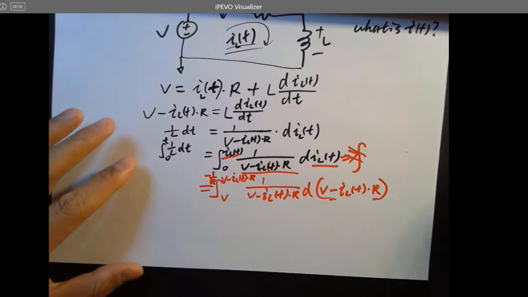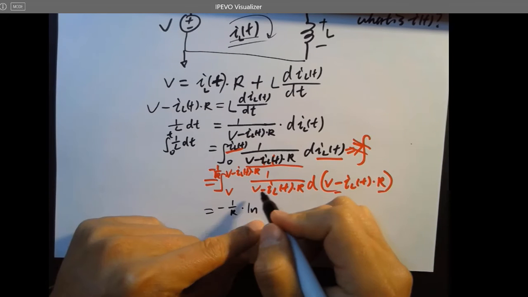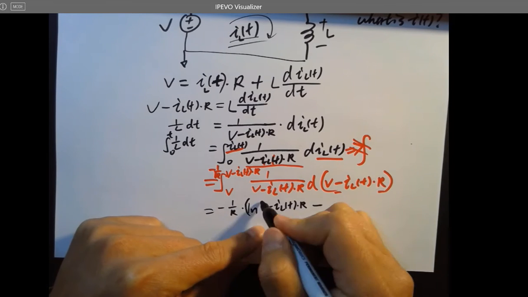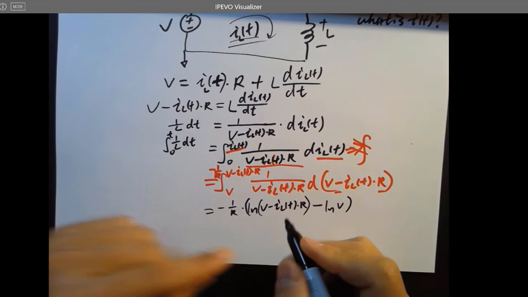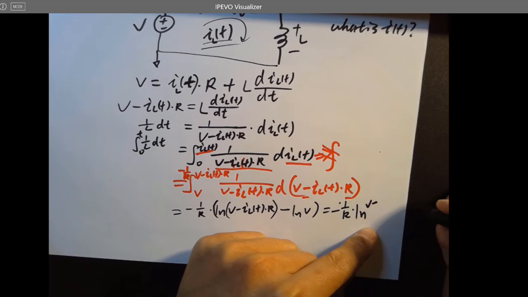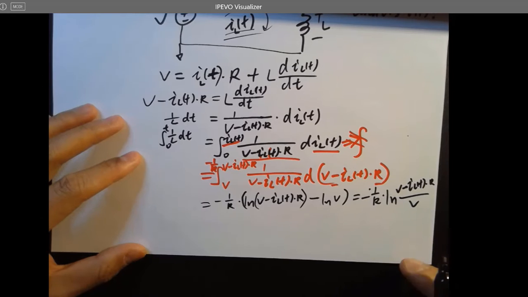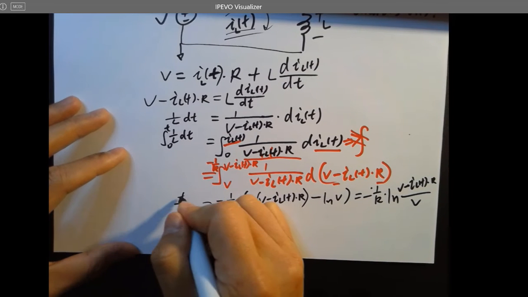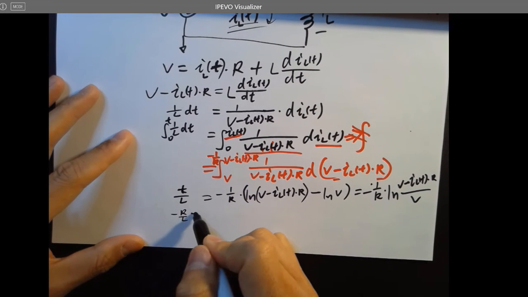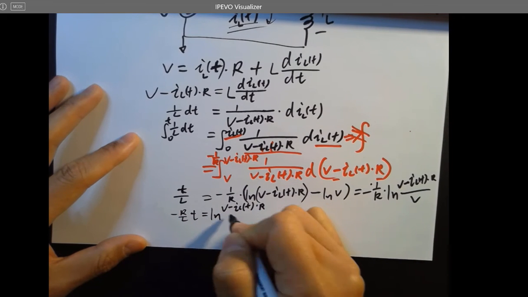And then it becomes minus 1 over R times natural log of V minus I_L(t) times R, minus natural log of V, which is minus 1 over R times natural log of (V minus I_L(t) times R) over V. And here is nothing but t over L. We can move this part over, so we're getting minus R over L t equals to whatever is here.